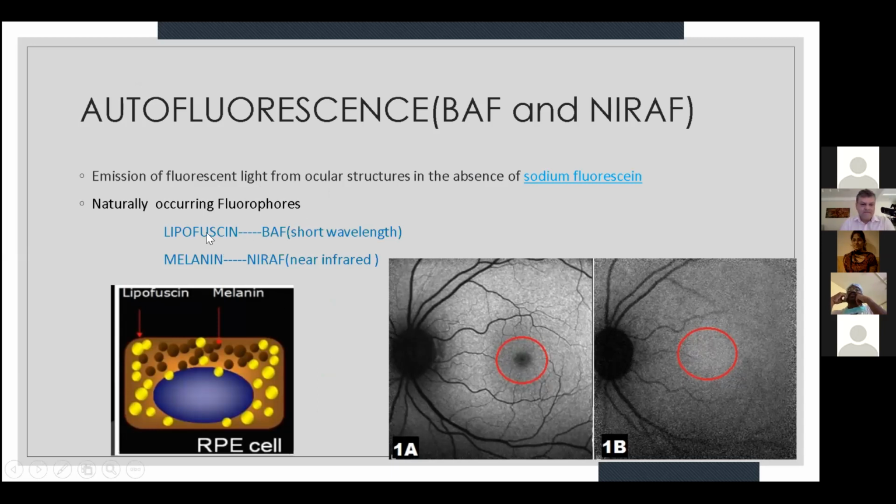When lipofuscin is the pigment giving out the fluorescence, it's called BAF or short wavelength autofluorescence. When it is melanin, as you can see in the picture, it is near infrared autofluorescence. As you see the 2 images, both are autofluorescent, but what is the difference? At the fovea, this is the melanin that is giving out the fluorescence. So this is NIRF, near infrared autofluorescence, and this is BAF.